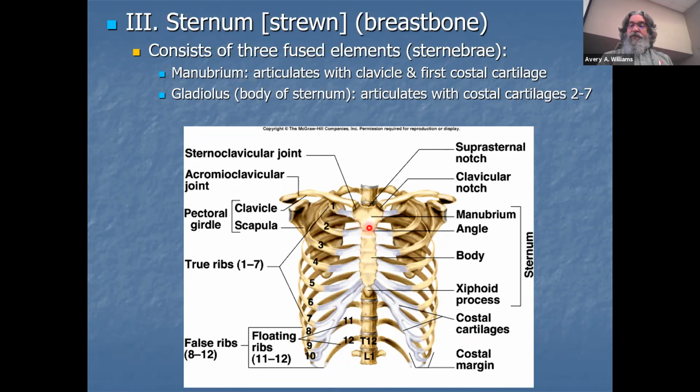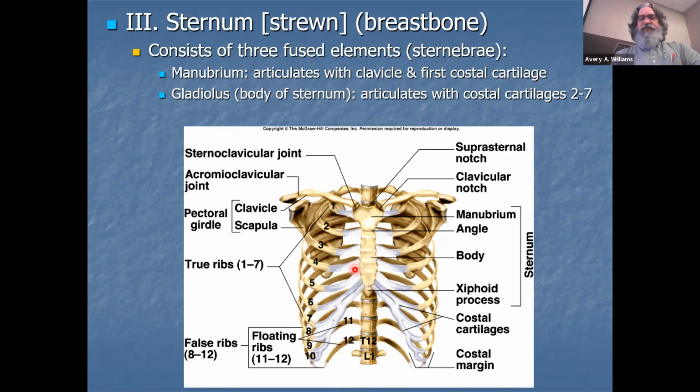What does it do? Well, it receives articulating sites for the next six ribs: ribs 2, 3, 4, 5, 6, and 7. You can see they have six pairs of articulating facets associated with it.